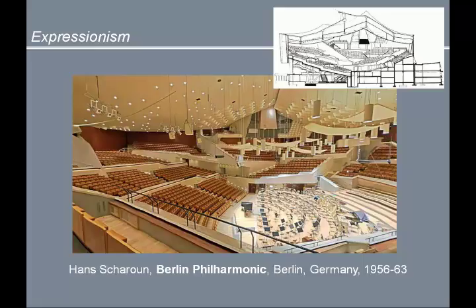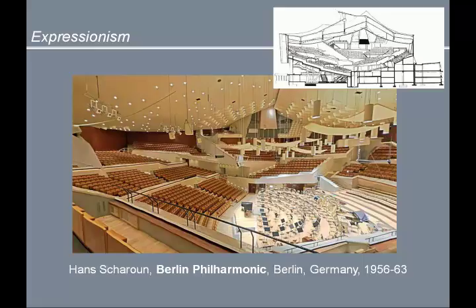Scharoun's design was fairly straightforward in that it focused on placing music at the center of the design, both conceptually and physically. And so from the center, music would be amplified and filtered throughout the auditorium. And as an architect, Scharoun was a main proponent of organic expressionist architecture, and he wanted to create a balance and harmony between nature and architecture.